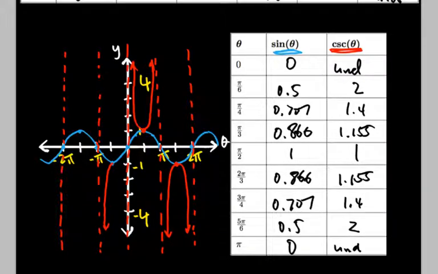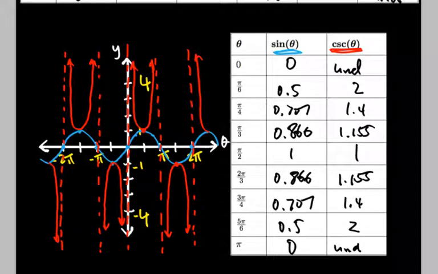So if you graph sine, you can graph cosecant pretty easily on the same axis. The main thing is just making it look correct. Also, don't call these parabolas because they're not parabolas. They're just U-shapes, I guess you can call them. But yeah, so that's what those two look like together.